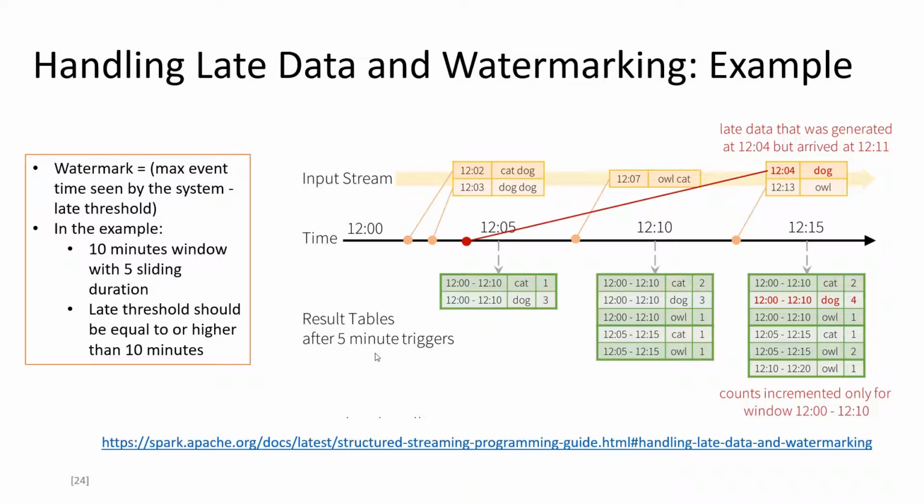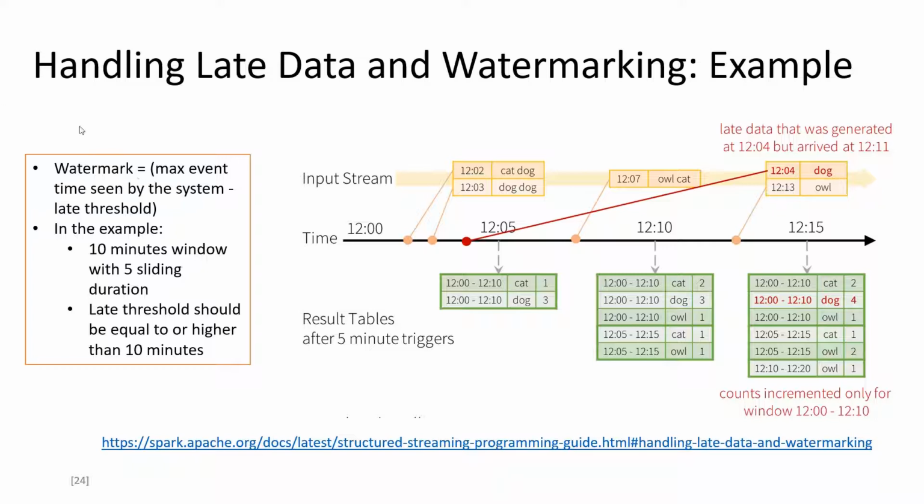Watermark indicates a time. With that time, Spark can decide to drop the late data. Watermark is calculated as the maximum event time seen by Spark minus a predefined late threshold.